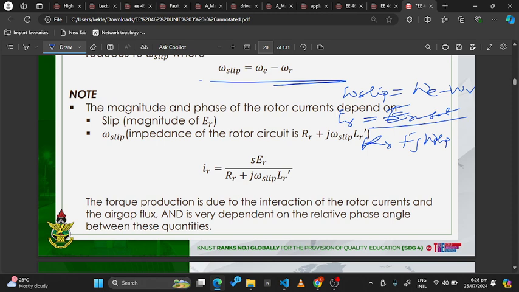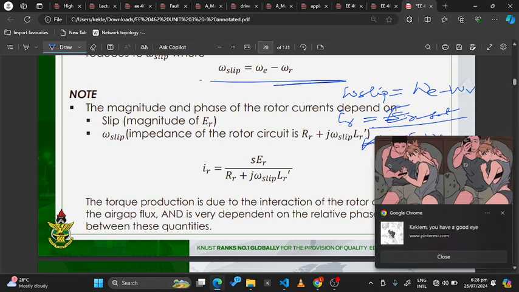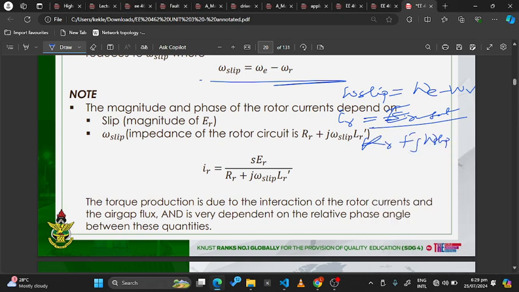So let's go on. IR at any speed will be equal to what? The EMF induced at any speed divided by the impedance. And because the frequency of the rotor is going to be omega slip, the reactance is going to use omega slip, times LR.